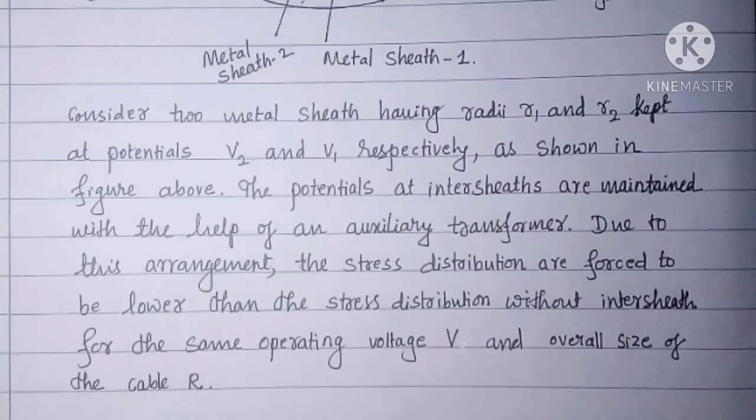It means that if two cables having same radii, one with intersheath and other without intersheath, are operated at same voltage, then the electric stress in case of a cable having intersheath will be less compared to the electric stress in a cable without intersheath.